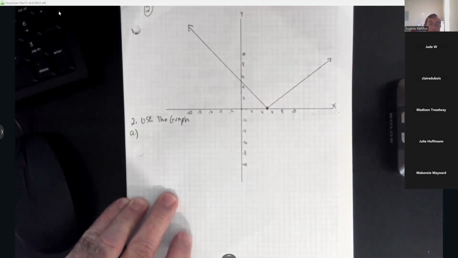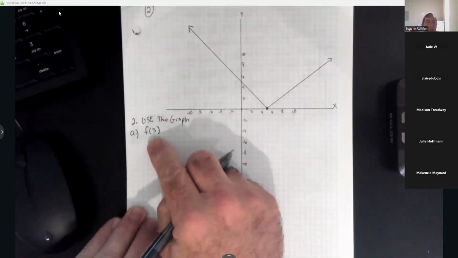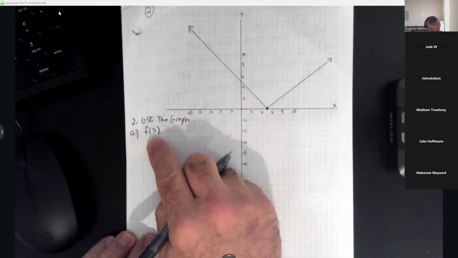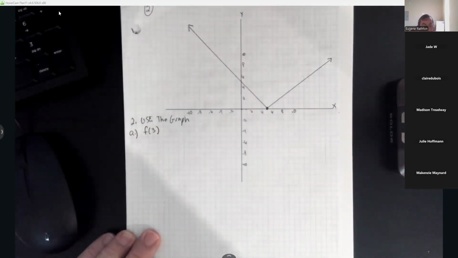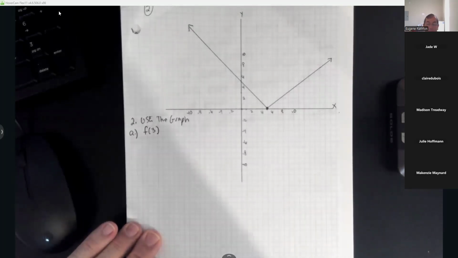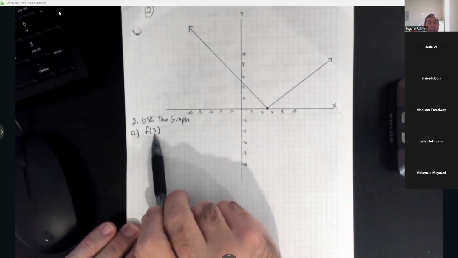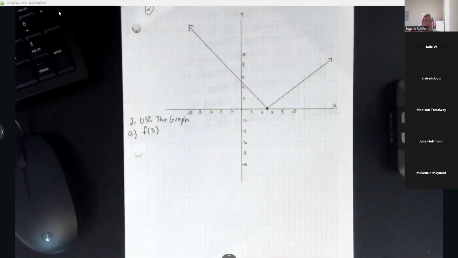So on this one, for A, they want me to find f of 3. So y'all remember, they're giving me the x value. So they want us to find the y value that corresponds to an x value of 3. So y'all, what are we going with?